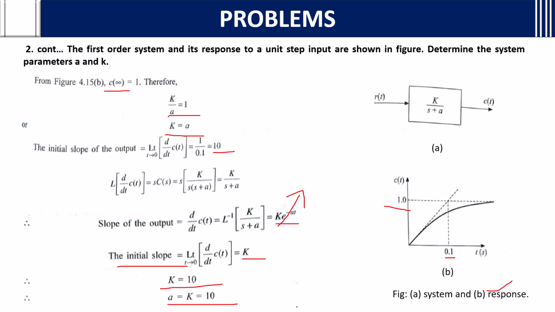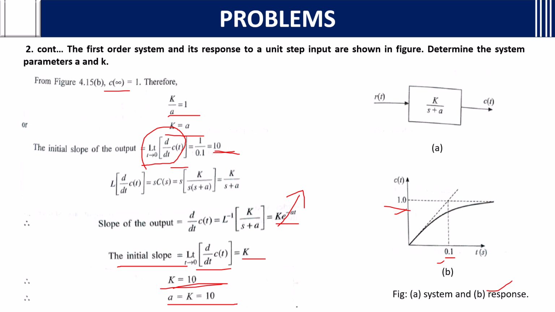Because the initial slope is output by input, slope means output by input, so 1 by 0.1, which is 10. As the two are the same on the left hand side, K will be equal to 10. As K equals A, you can write A equals K equals 10. So the values of A and K are 10.